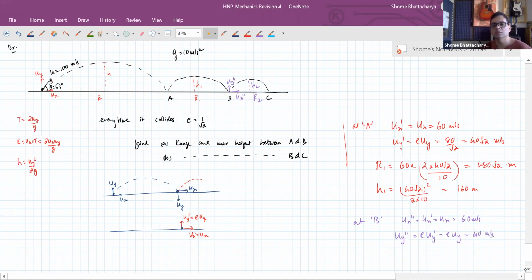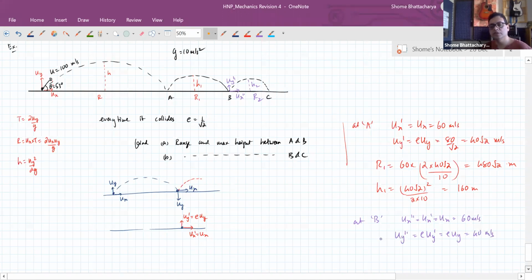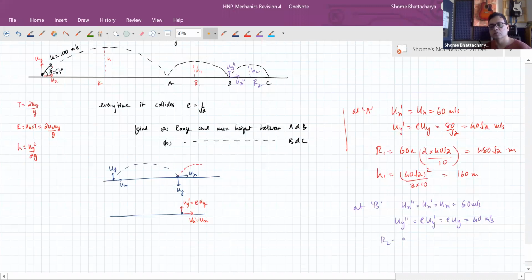So this becomes the case. Okay. So now your new range will become 60 into 2 times 40 by g. So it will become 480 meters. And your new maximum height will become 40 square by 2 into 10. So it's going to be 80 meters.